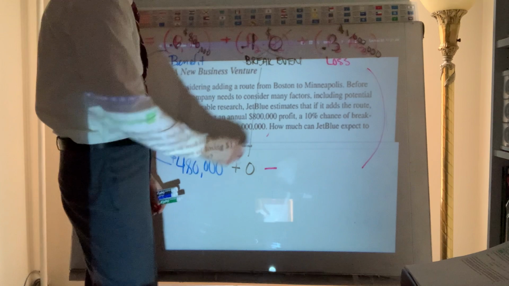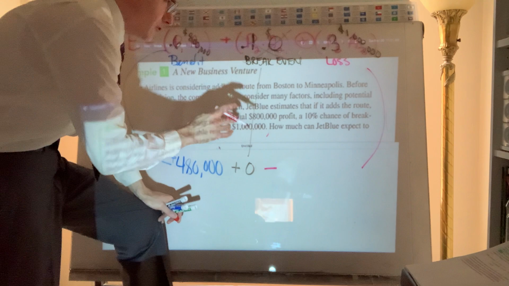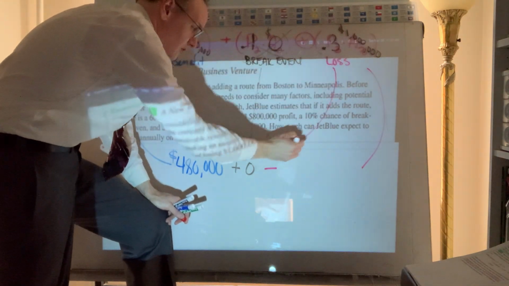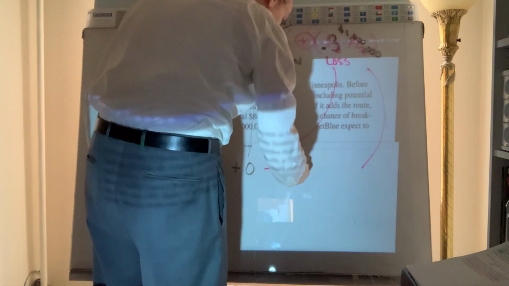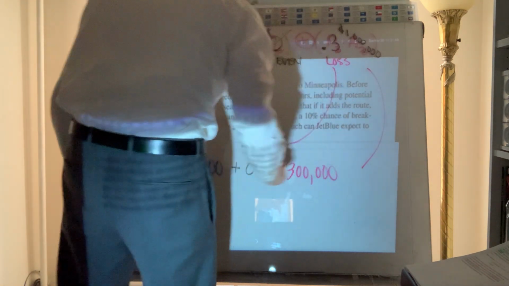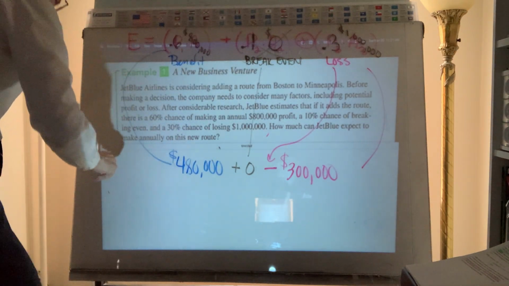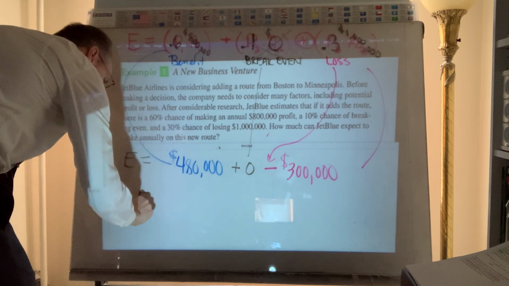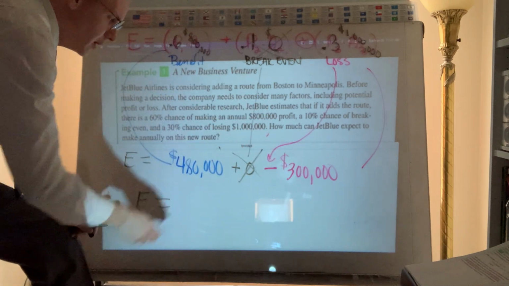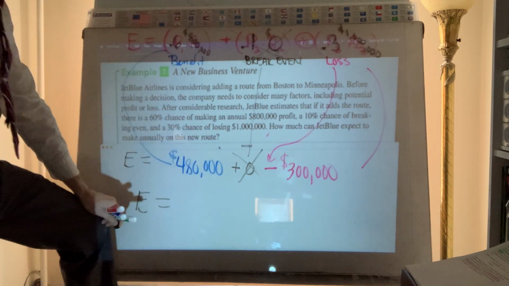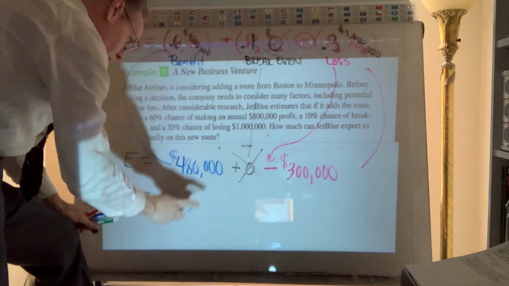So it ends up being minus because it is in fact a loss. We use pluses or minuses in the formula. If you've decided that this is a loss, you have to remind yourself to translate this into subtraction, and then put the dollar value. So 300,000 is what you would end up having to subtract. So what would end up being the expected value here would be the difference of these two terms, because breaking even is just 0. 480,000 minus 300,000 would be what? 180,000.